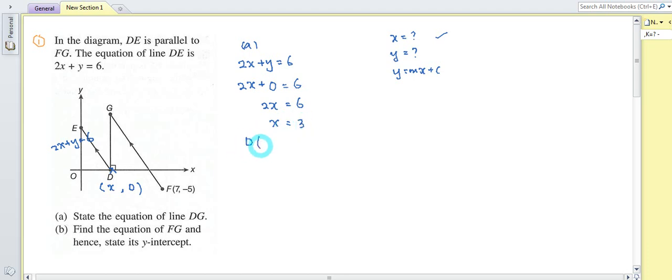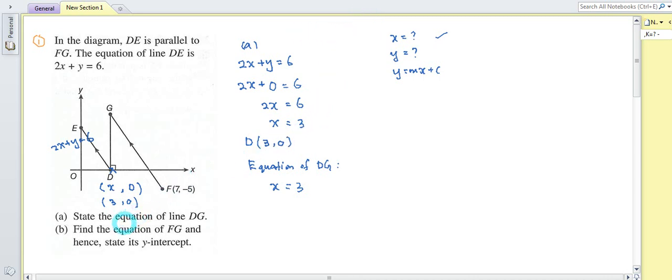Now we have the coordinate of D, 3, 0. And the equation of DG, very easy, is x equal to 3.